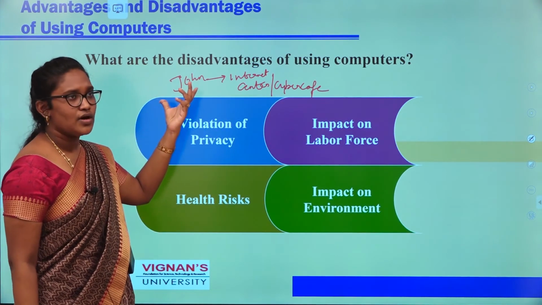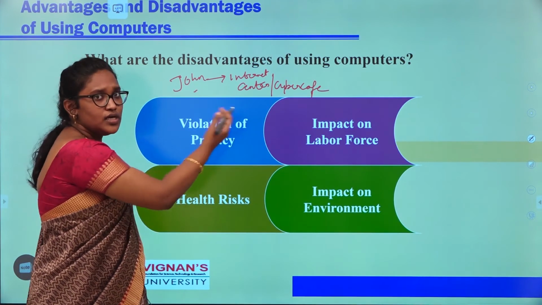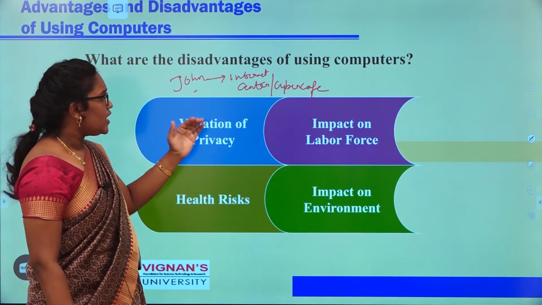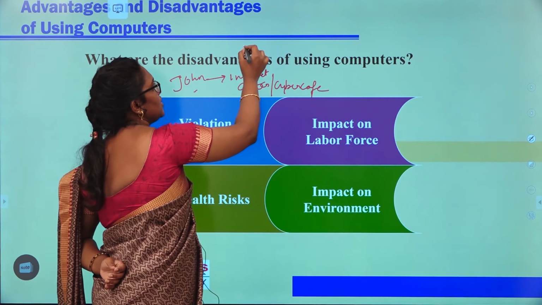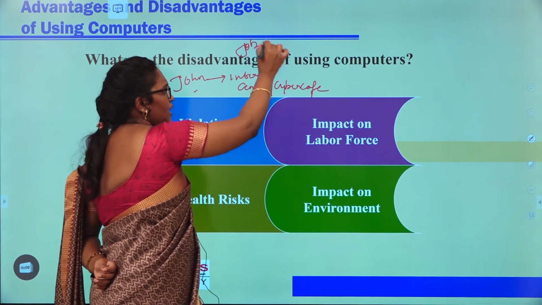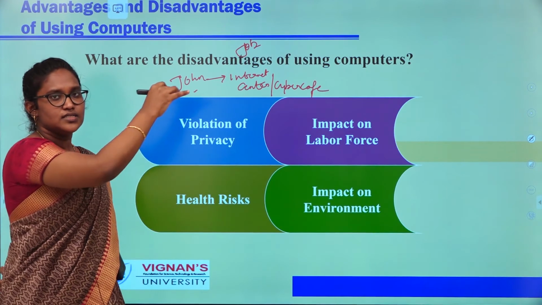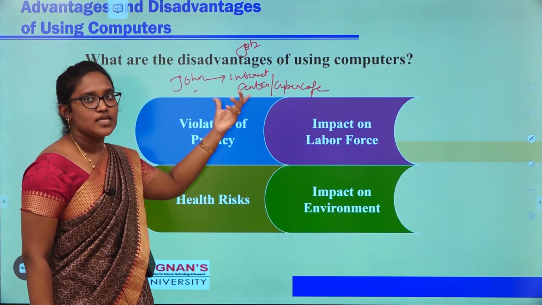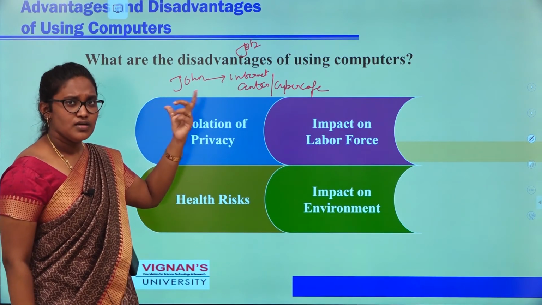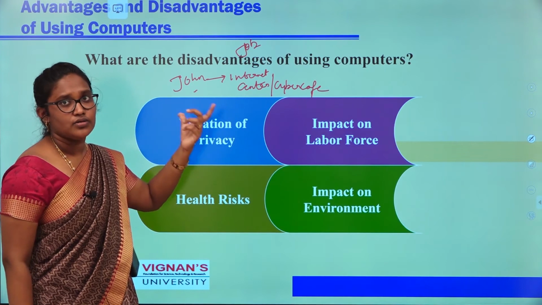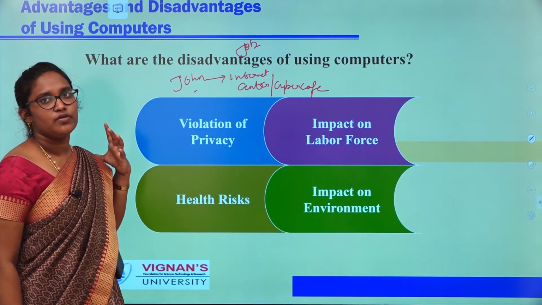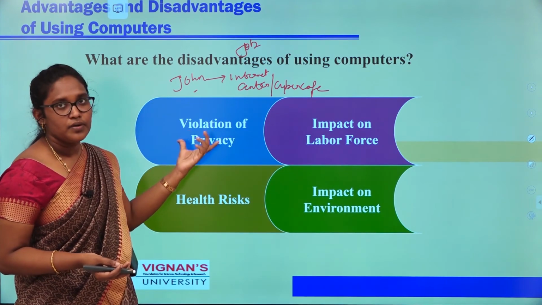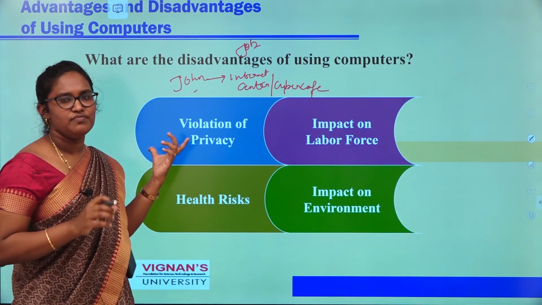So John forgets to log out of his mails in the cyber cave. There is another person whose name is Job. He comes and sits in the same place. Obviously he will try to access the content or emails of John because he hasn't logged out or signed out. There are so many violations of privacy. So this is one particular example for violation of privacy.